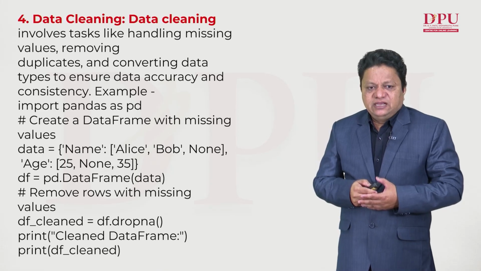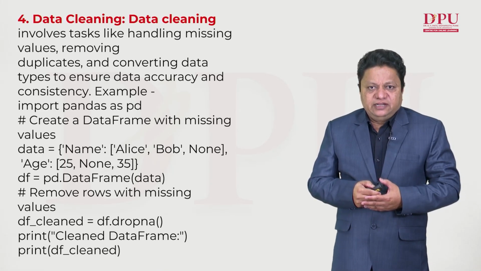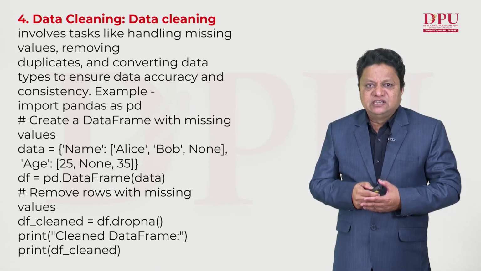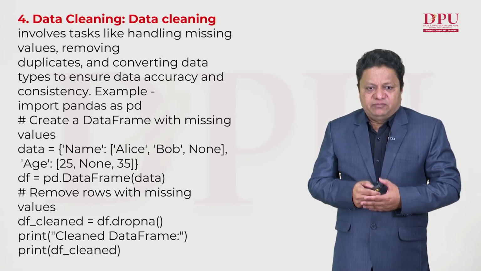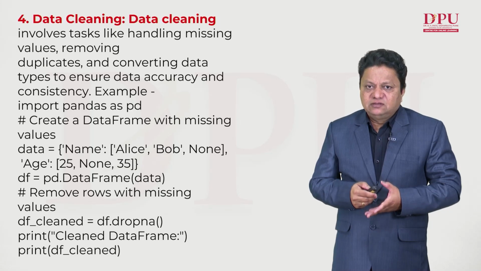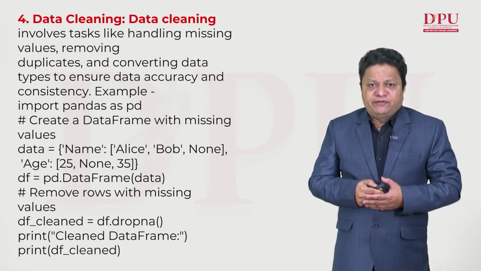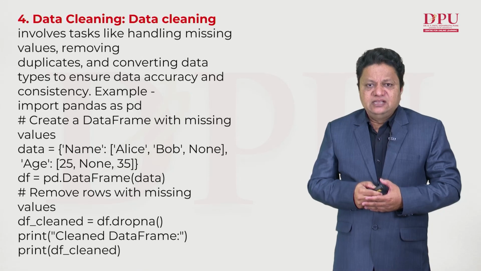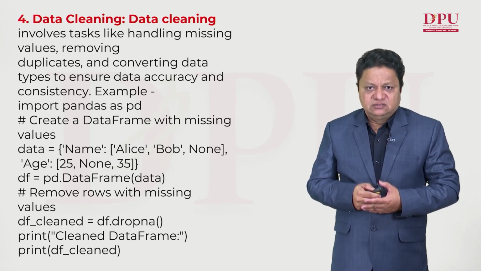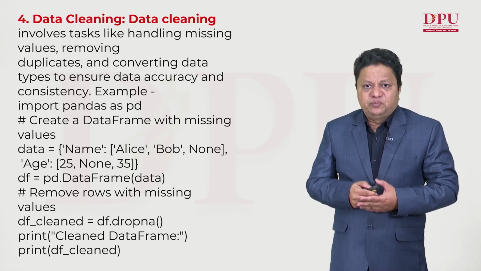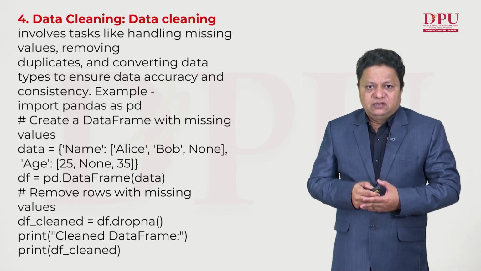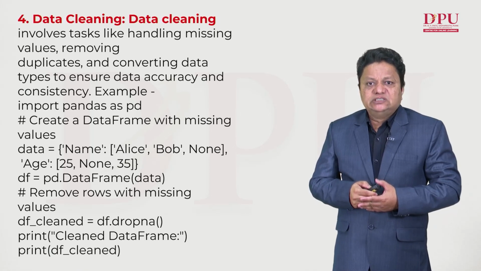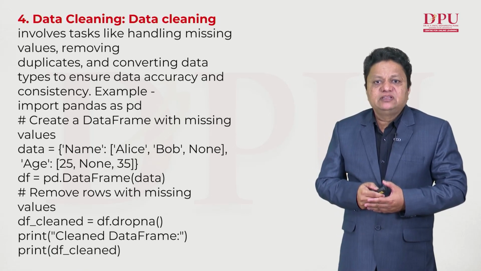So, here basically I am creating a dictionary with missing values. So, now I am creating a data frame. How to create a data frame? We have to call the DataFrame function on the instance of the dictionary. So, df is equal to pd.DataFrame, in the bracket provide the argument of your dictionary, that is data. So, this will create a data frame with missing values.